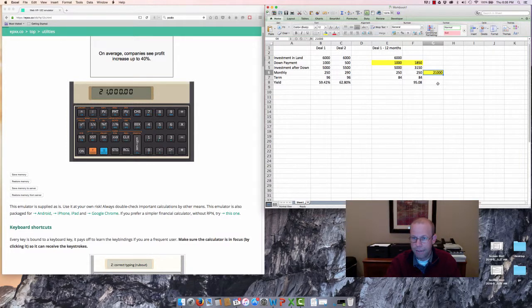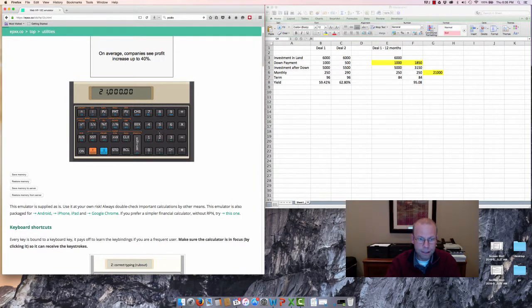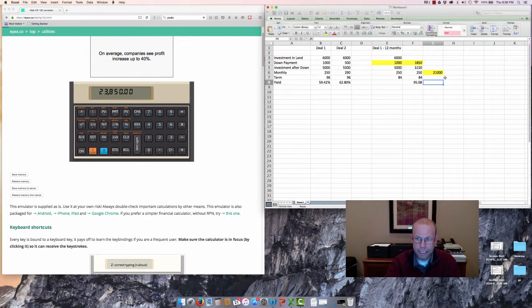So when you add up all of these numbers, I'm going to receive $21,000 from my buyer. I'm going to receive $2,850 plus another $2,850. So I'm going to receive a total compensation on this transaction of $23,850.